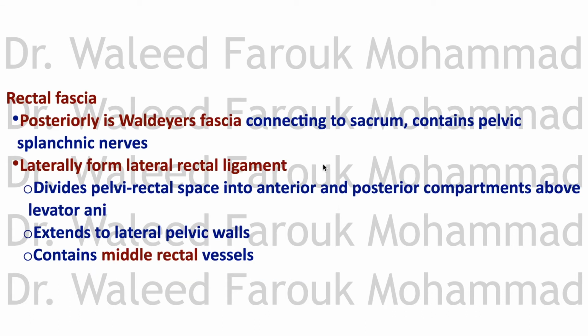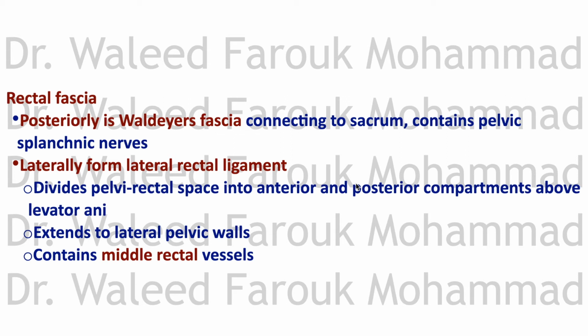The rectal fascia, posteriorly, it's condensed and forms what's so-called the Waldeyer's fascia, connecting to the sacrum, and contains the pelvic splanchnic nerves. So careful when dissecting the rectum in a surgical field. Try always to be as close to the wall as possible so as not to injure the nerves that are going to supply the rectum and the rest of pelvic structures.